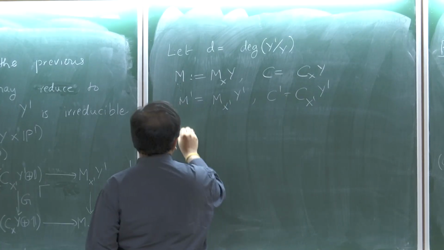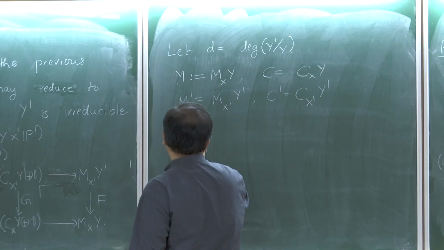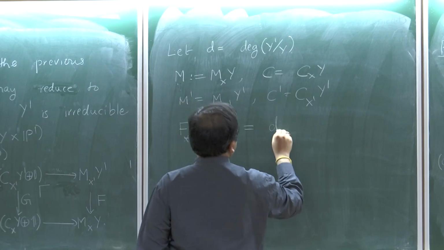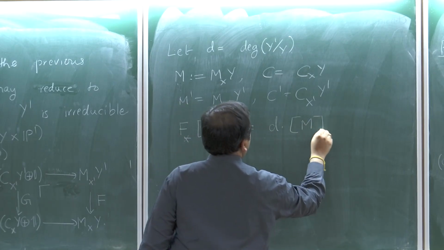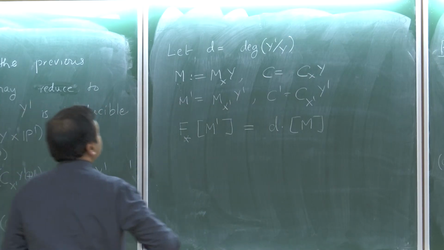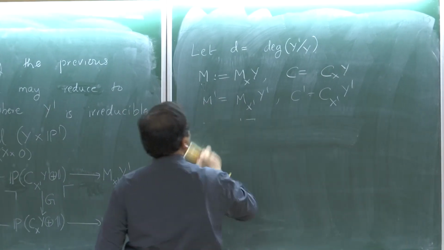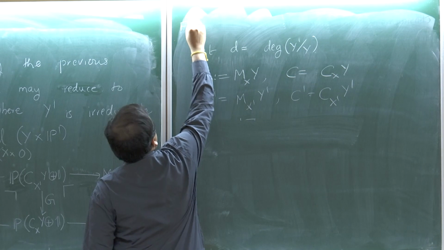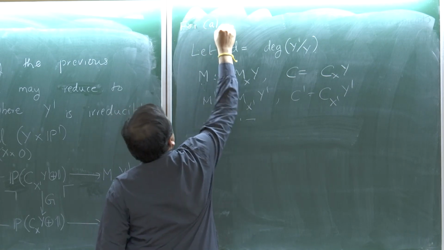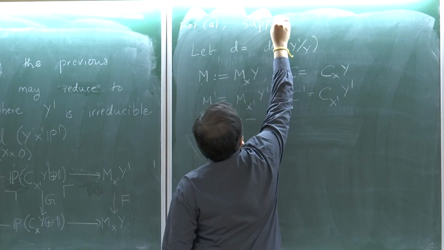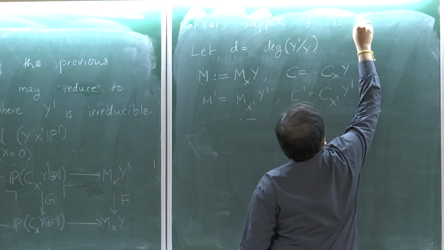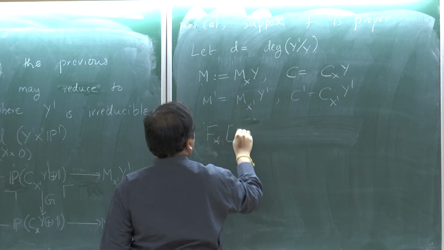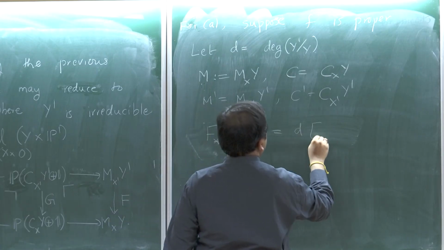Okay, so f lower star of m prime is equal to d times m. As I had written here, f lower star of m prime is equal to d times m.